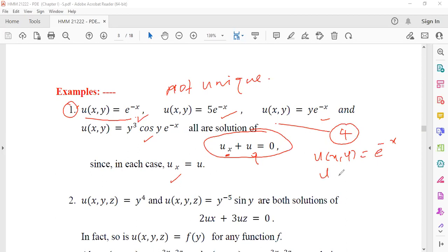So what is u_x here? That is, the partial derivative with respect to x of e to the power minus x. I think you may remember what the derivative of e to the power x is. Can you answer me?